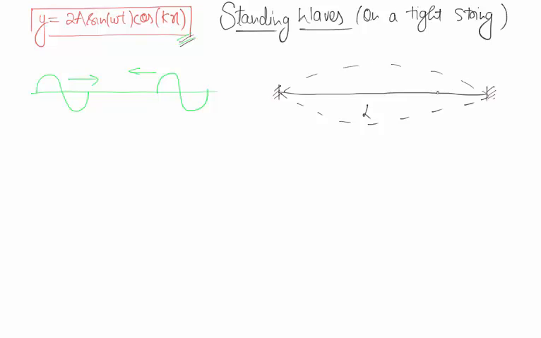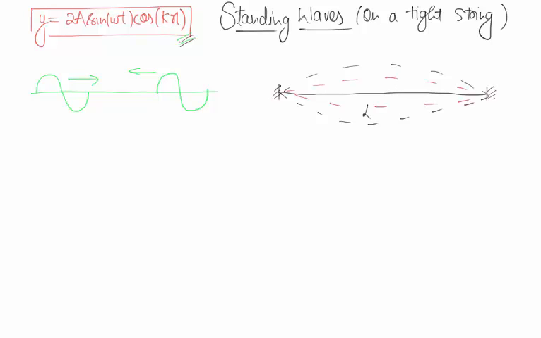The string will move from a lower concave position to an upper convex position, and it will go through various forms, and this will be the motion of the string.